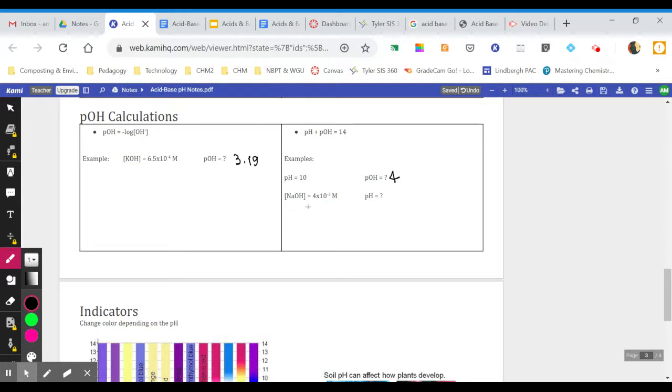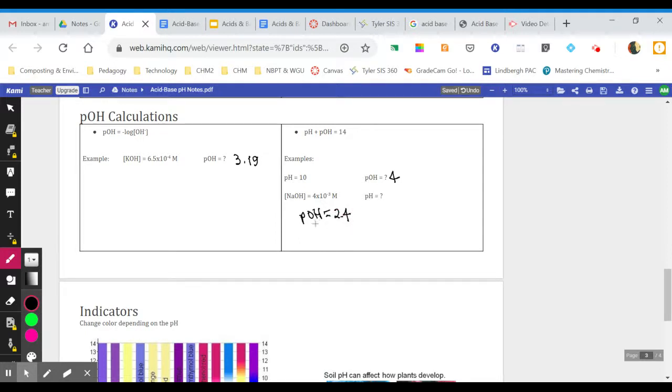And so here's a really good example of why we need to be able to do this, because we have this formula, NaOH, and it gives us the molarity of that. Well, if we take the negative log of that, we're going to end up with a pOH because this formula has OH in it. And so the negative log of 4 times 10 to the negative 3 is 2.4.